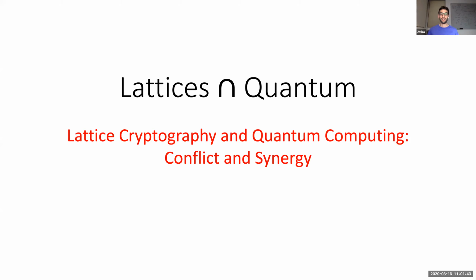I think it's a great idea to have these two programs together because there are many points of intersection. What I want to do in this talk is give a very high-level and sometimes oversimplified, but I hope still insightful, overview of some of these points of intersection and interesting directions in putting together lattice cryptography and quantum computing.